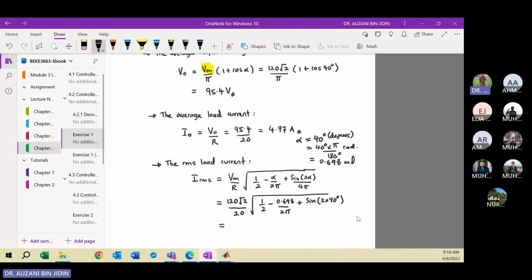But if you set it in radian, then you must multiply by alpha in radian, 0.698, then divide by 4 pi. Then finally, you can calculate the RMS current as 4.8 ampere. Okay, please be careful to calculate alpha here and the sine function here.